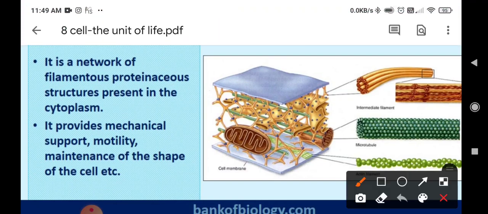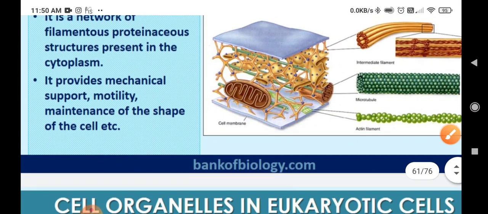You can remember it by one term, that is skeleton. Like a skeleton is a framework which supports our body, in the same manner the cytoskeleton, these proteinaceous filaments, supports the internal structure of the cytoplasm or cell. It also provides mechanical support, helps in motility, and also maintains the shape of the cell. So this is the cytoskeleton.